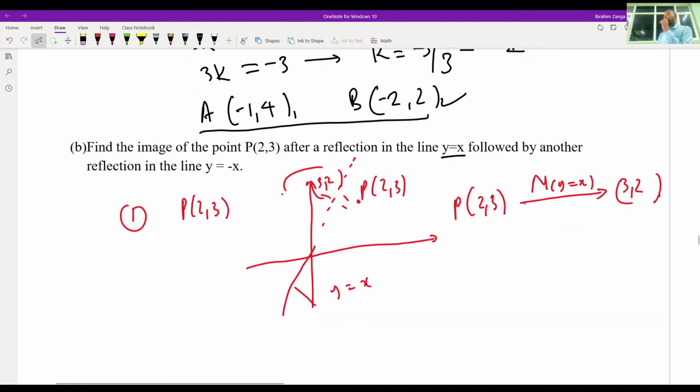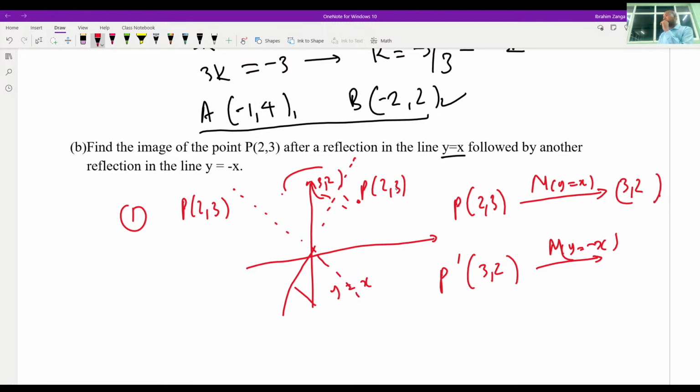Then followed by reflection in the line y equals negative x. So now I'll be taking the image point 3, 2, and we're going to subject it to reflection in y equals negative x. So the line y equals negative x is going to be the line there.